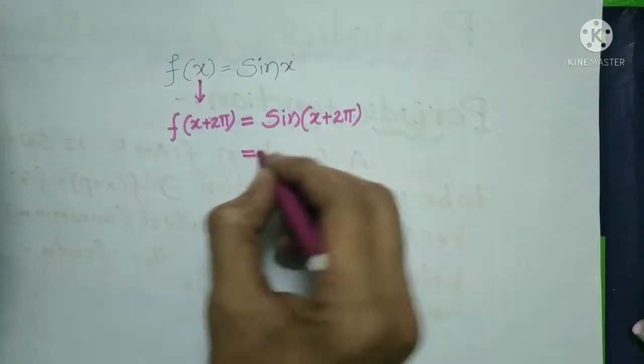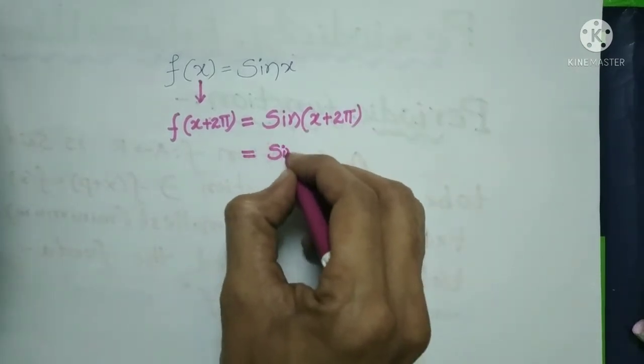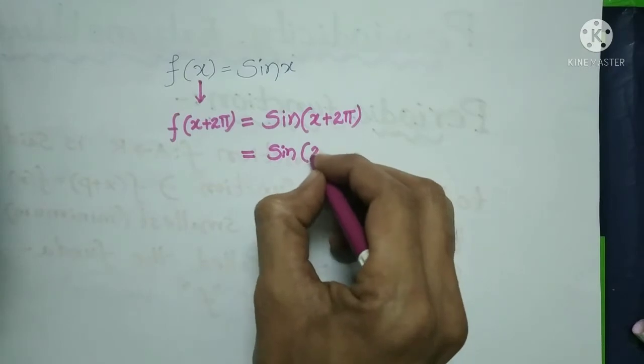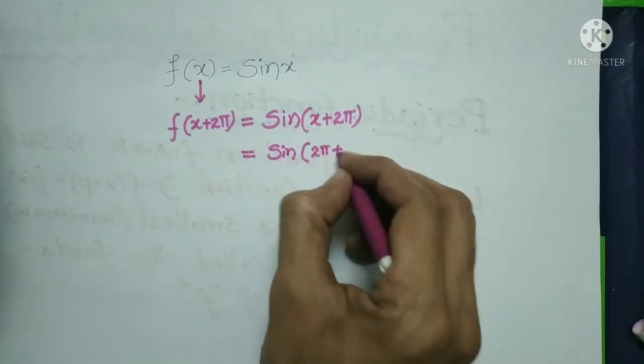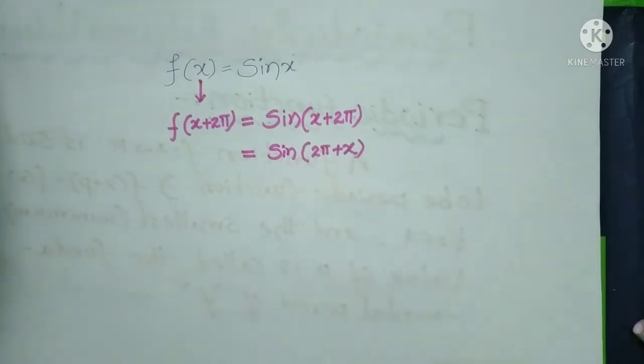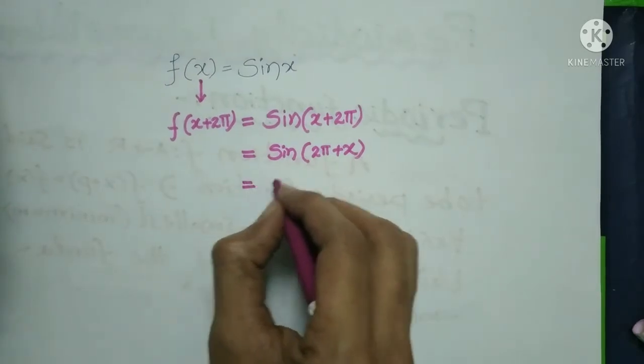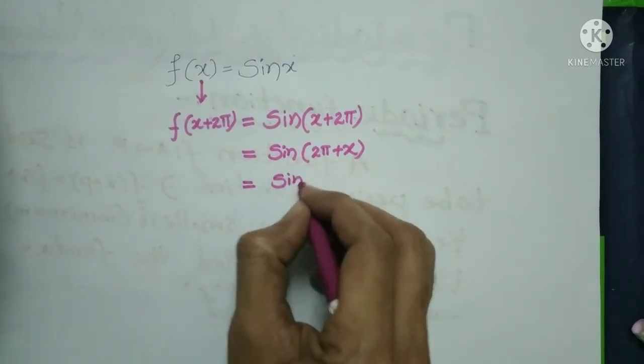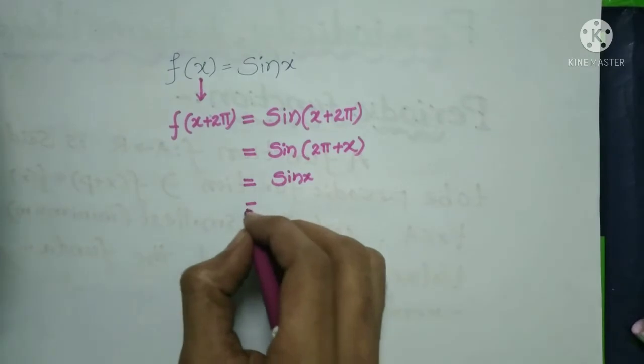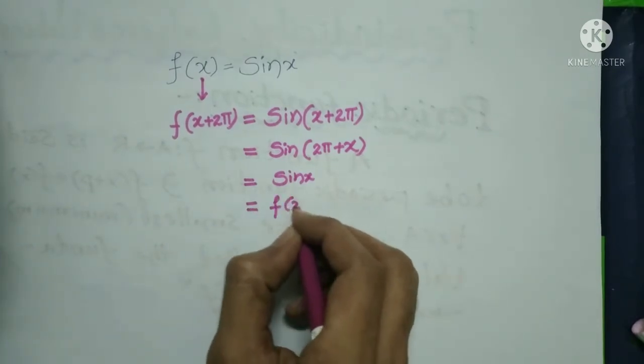So here sine of 2 pi plus x, 2 pi means 360 degrees, so 360 plus theta, which is in the first quadrant. In the first quadrant all are positive, so automatically we get sine x, which is nothing but our function f of x.